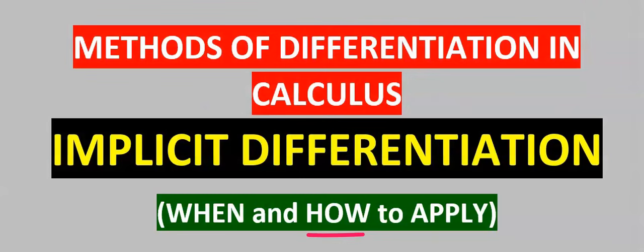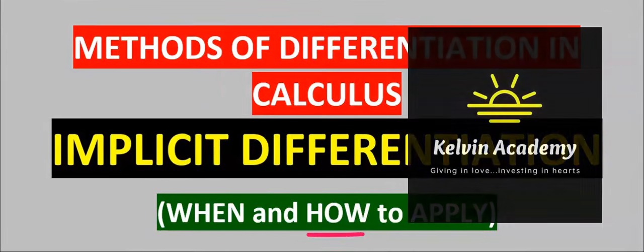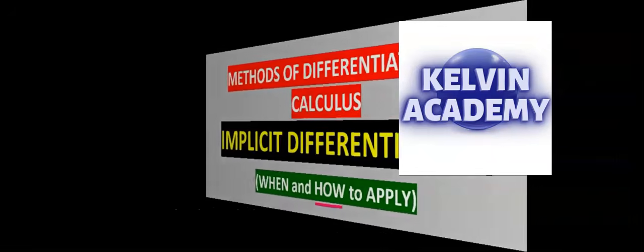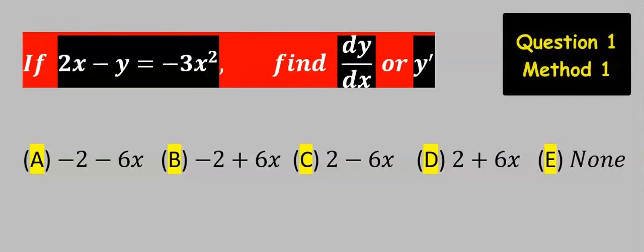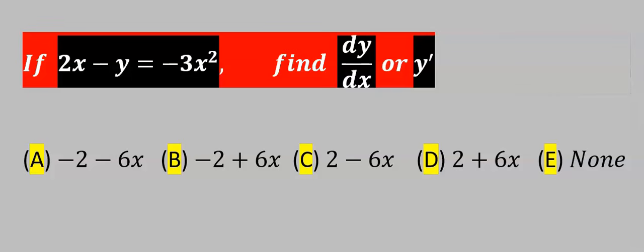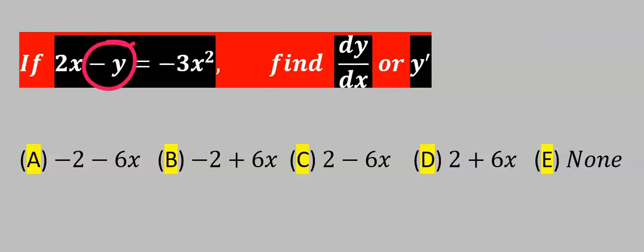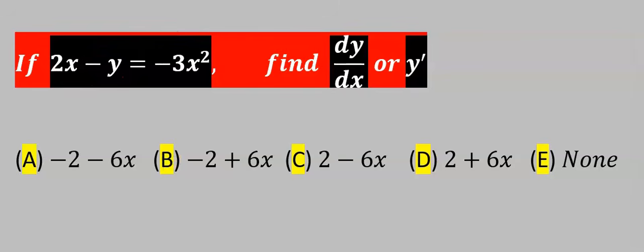Next, how do we apply implicit differentiation? Let's consider this question. To solve this problem, the first step here is to make y the subject. That is, this minus y will move over to the other side and become plus y, while minus 3x squared will move over to the other side and become plus 3x squared.